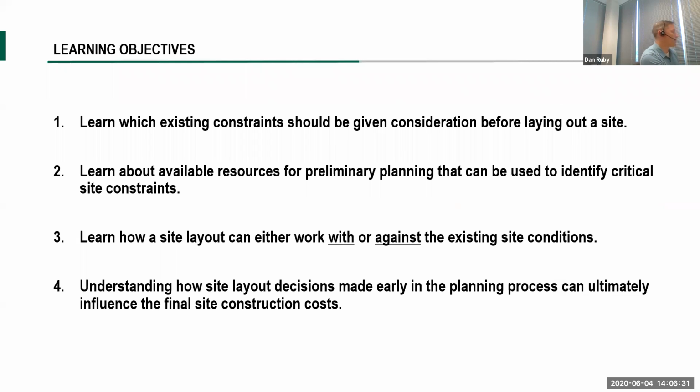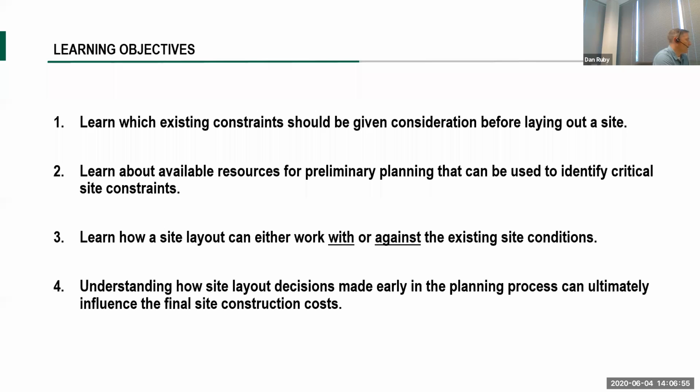So our learning objectives per AIA guidelines. First, we're going to look at which existing constraints need to be given consideration when we're putting together a layout. We're going to learn some opportunities of where we can find the resources to make educated decisions about those constraints.